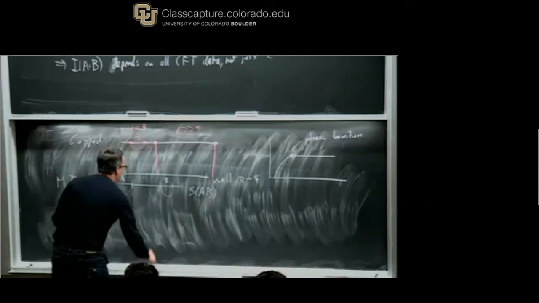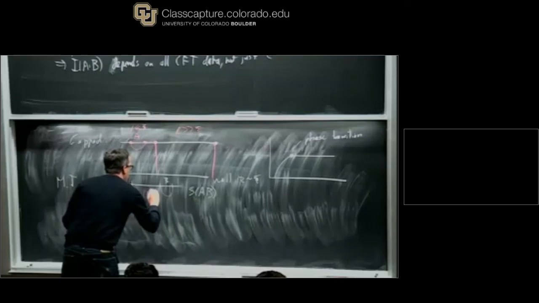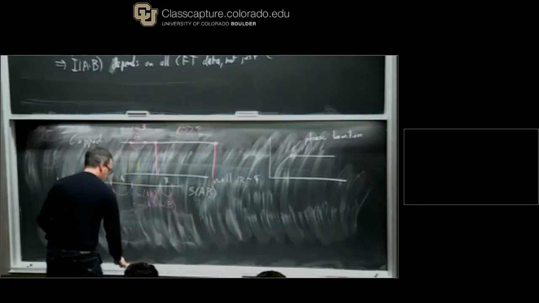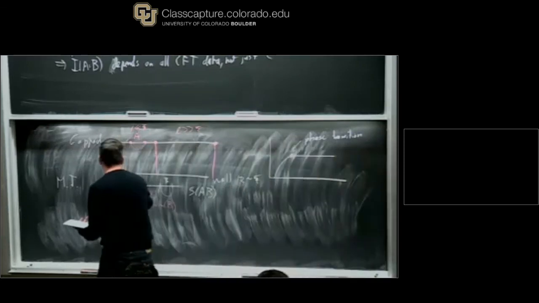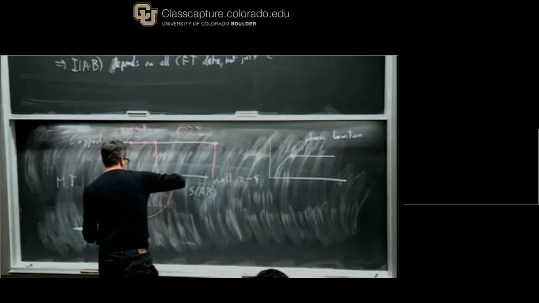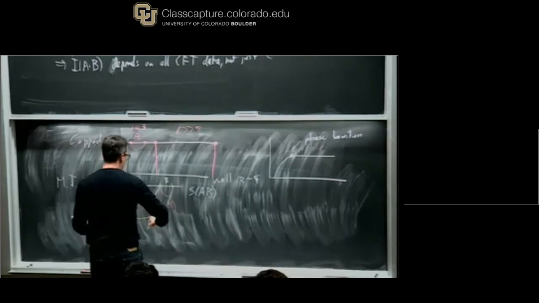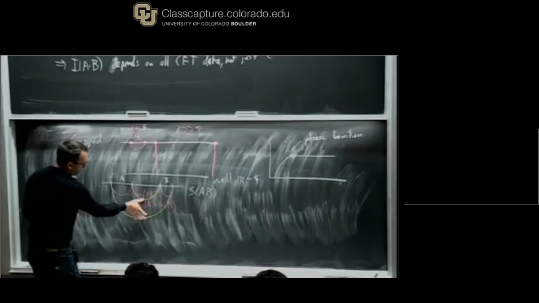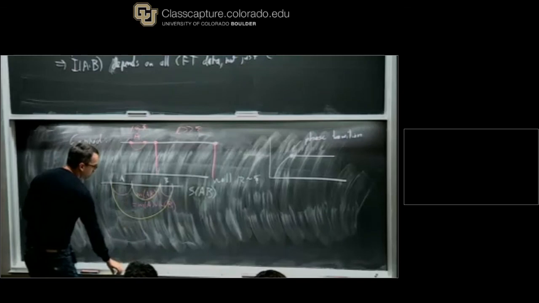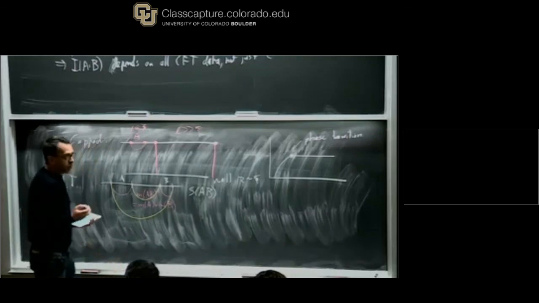So M of AB can be the union of M of A and M of B. That's always one option. Or it can connect A to B. If this one is larger, if the yellow one is larger than the red one, then the red one is minimal.